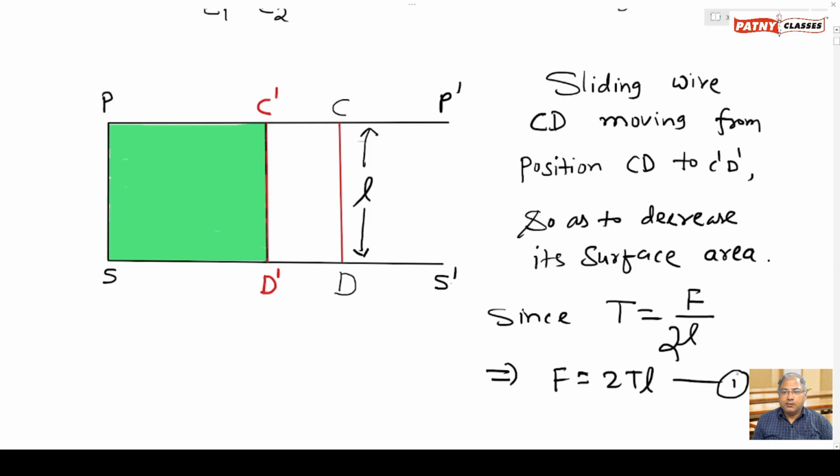So we got the expression for F, the force that is acting on the sliding wire CD so that the sliding wire moves from position CD to C dash D dash. For that, a force F is responsible. So F equals 2TL, equation 1.